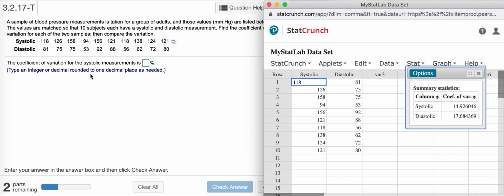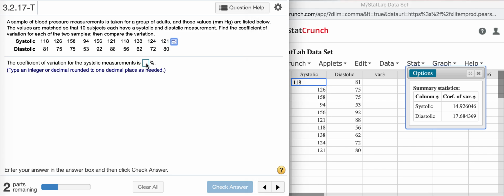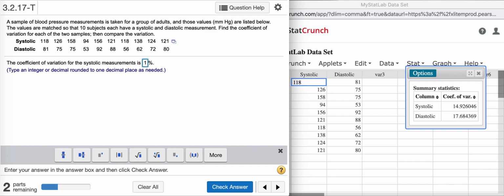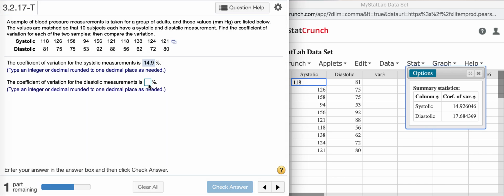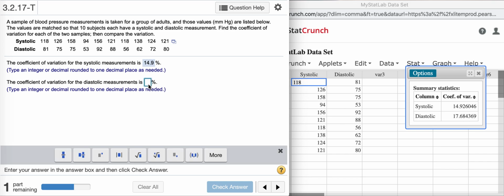Type an integer or a decimal rounded to 1 decimal place. So for systolic, it would be 14.9. And for diastolic, it would be 17.7.